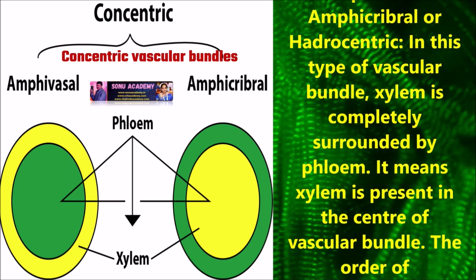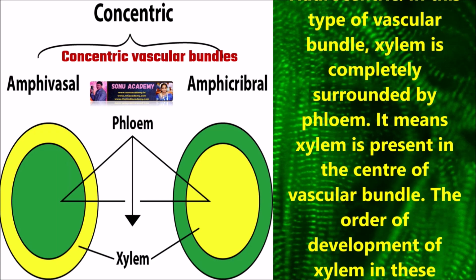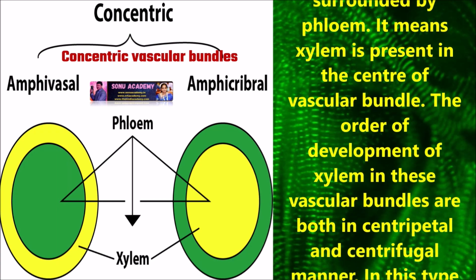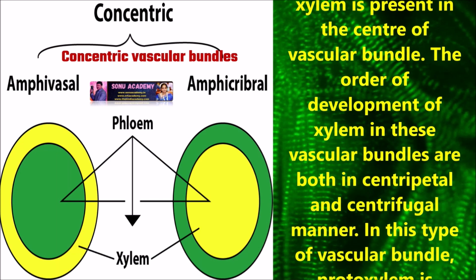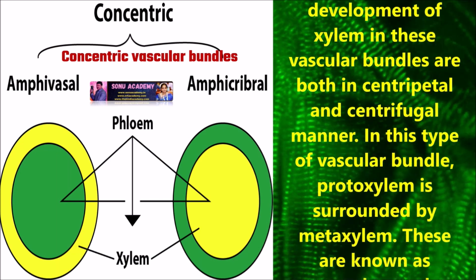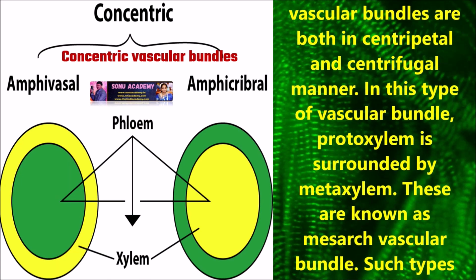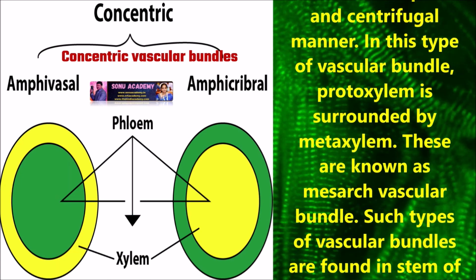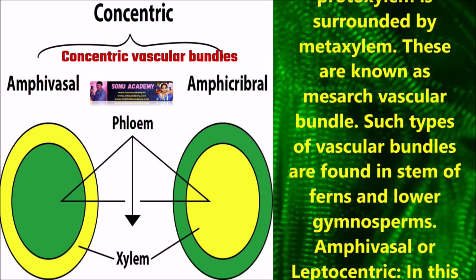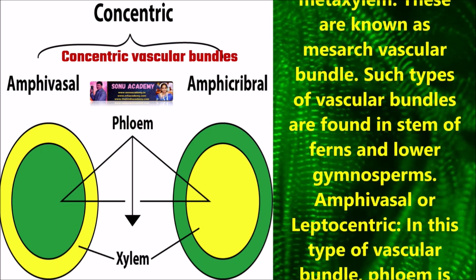It means xylem is present in the center of the vascular bundle. The order of development of xylem in these vascular bundles is both centripetal and centrifugal. Protoxylem is surrounded by metaxylem. These are known as mesarch vascular bundles. Such vascular bundles are found in the stems of ferns and lower angiosperms.